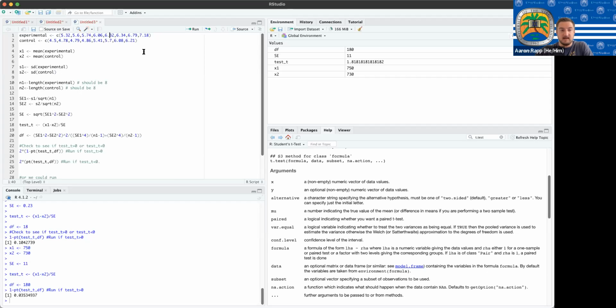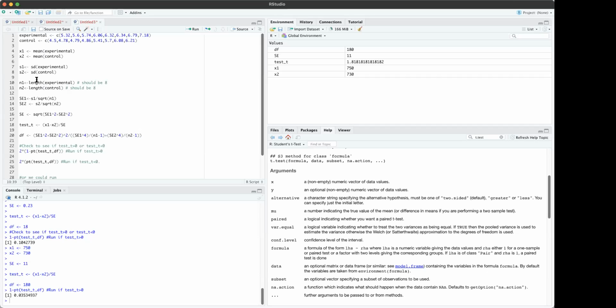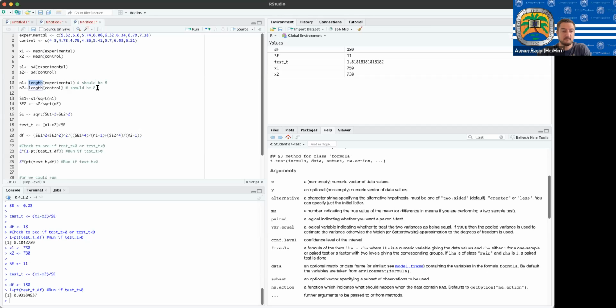Once I have all this data typed into R as vectors, which I just called experimental and control, I can use R to calculate the means for both of these, the standard deviations for both of these. Now I could hard set the lengths to be 8 since it's a small value, but I can also let R do the calculation for me with this length function.